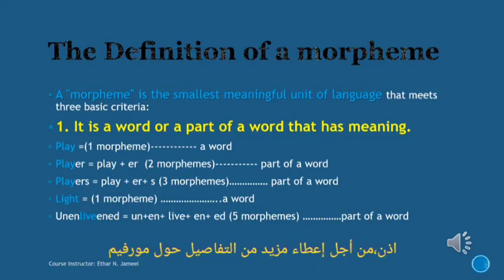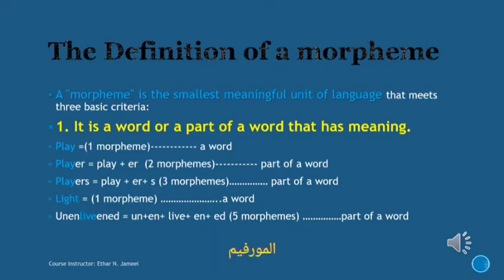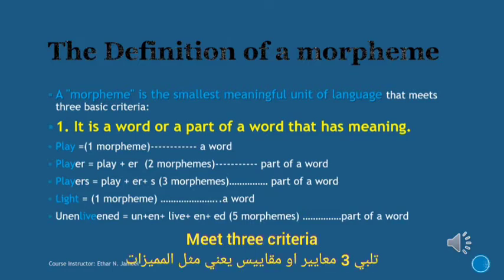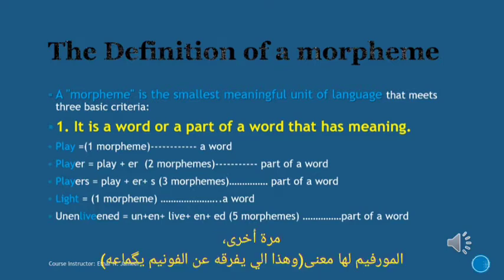Then, in order to give more details about the morphemes, in order to be more familiar with the morphemes, they meet three criteria. The first one is that it is a word or a part of a word that has meaning.